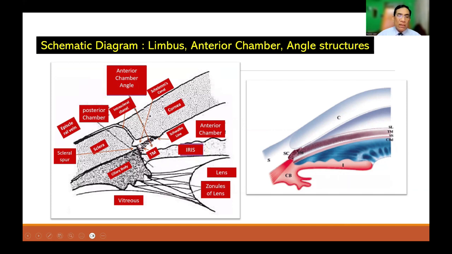Then there is Schlemm's canal, and just roofing Schlemm's canal internally is the trabecular meshwork, TM. The anterior two-thirds is non-pigmented, and the posterior one-third is the pigmented, functional part. Behind this, it is attached to the scleral spur, the most anterior part of the sclera. And this is the ciliary body band. So these four structures we have to search for in the angle: first Schwalbe's line, second the trabecular meshwork, third the scleral spur, and fourth the ciliary body band.